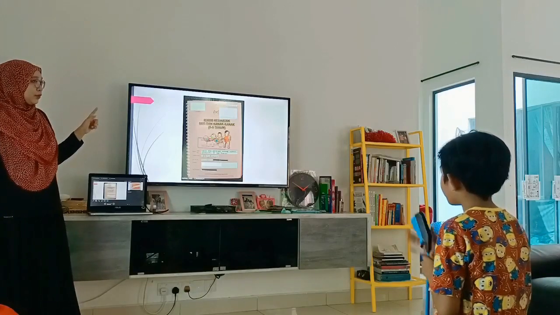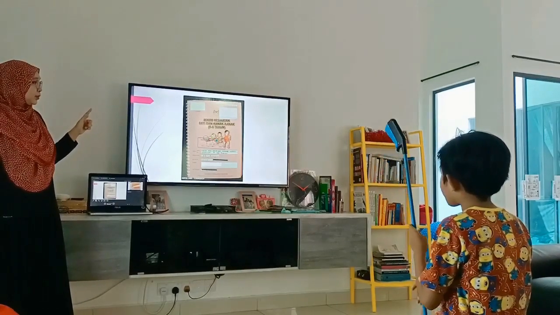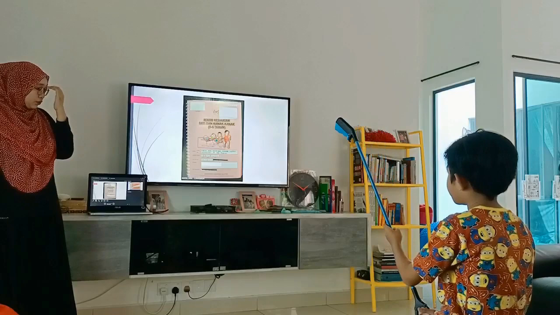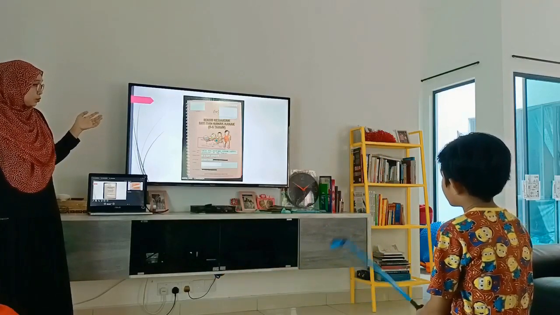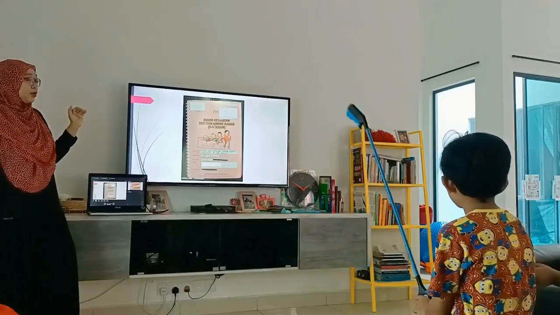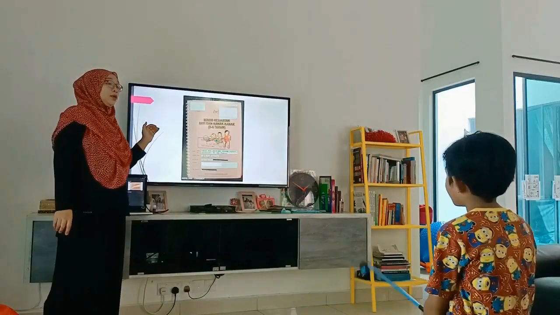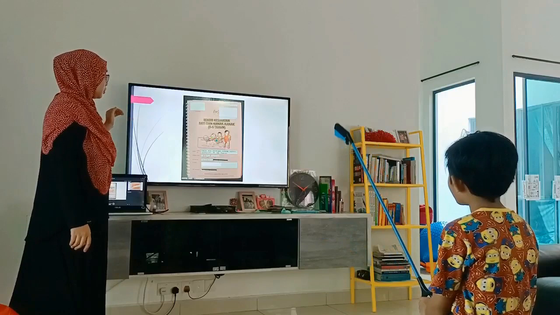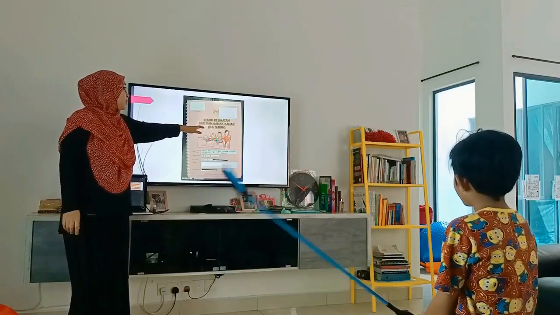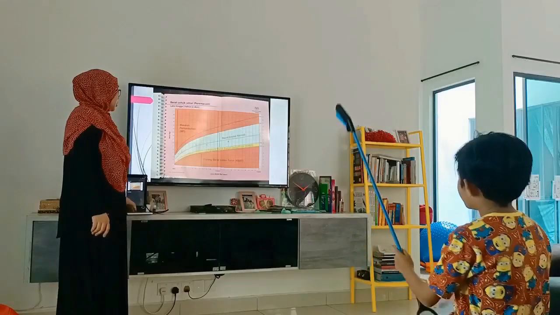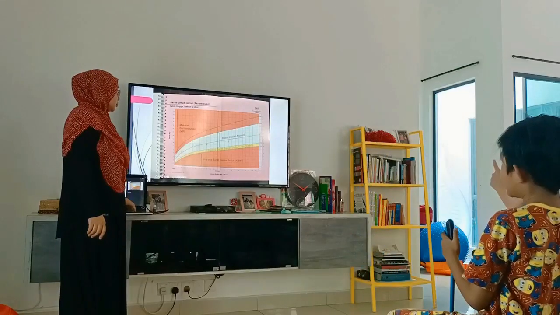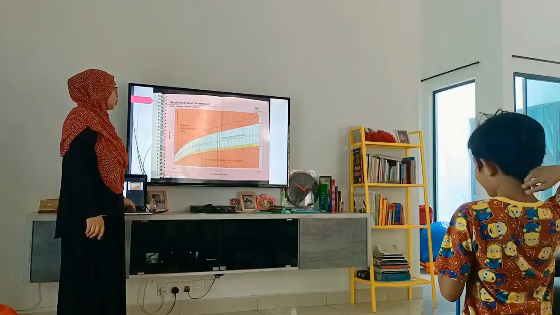So, in a nutshell, I would like to show you some of the record books that are used in our Ministry of Health for 0 to 6 years old. Okay. This is the chart for baby girls.